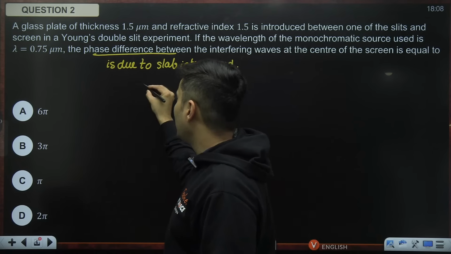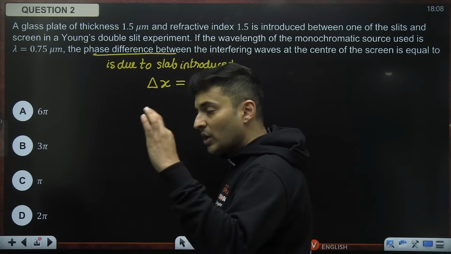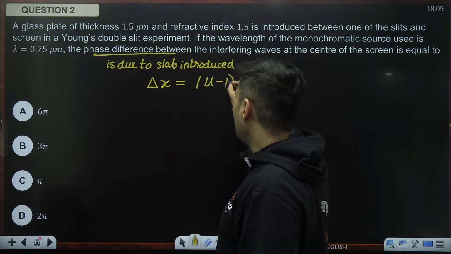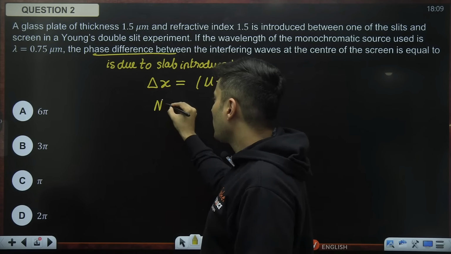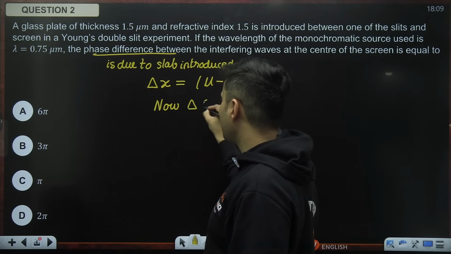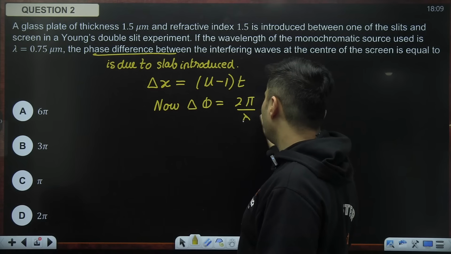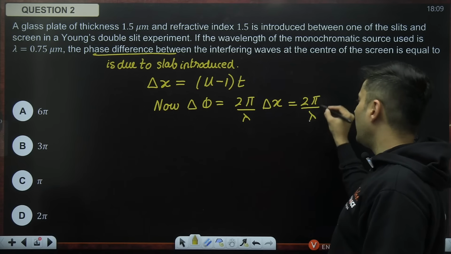Before that, we'll calculate the path difference. The path difference introduced because of that is given by the formula (mu minus 1) multiplied by thickness. Therefore the phase difference, which is the question, will be 2 pi divided by the wavelength multiplied by delta x, which means it is 2 pi divided by lambda.